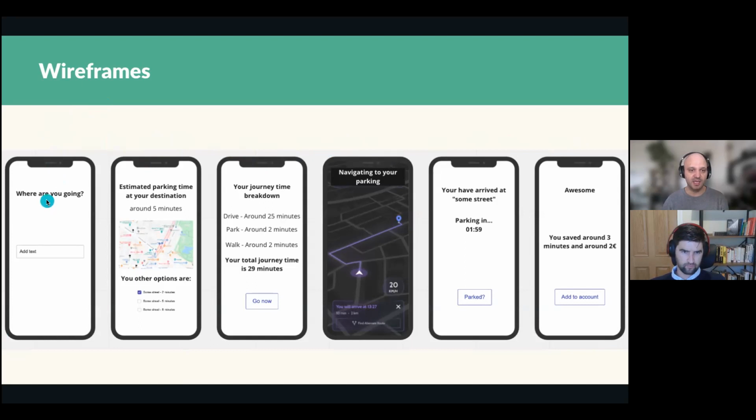So essentially, I wanted to deliver value as early in the process as possible. And so around the second screen, I'm already delivering the value that I proposed to deliver from the beginning.